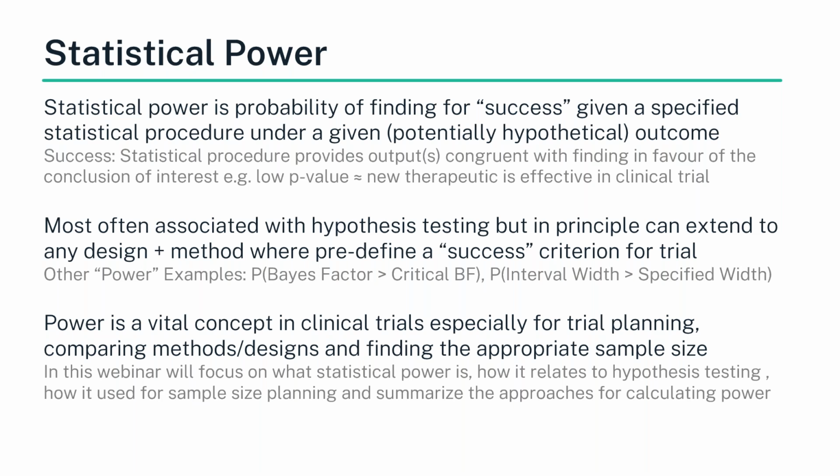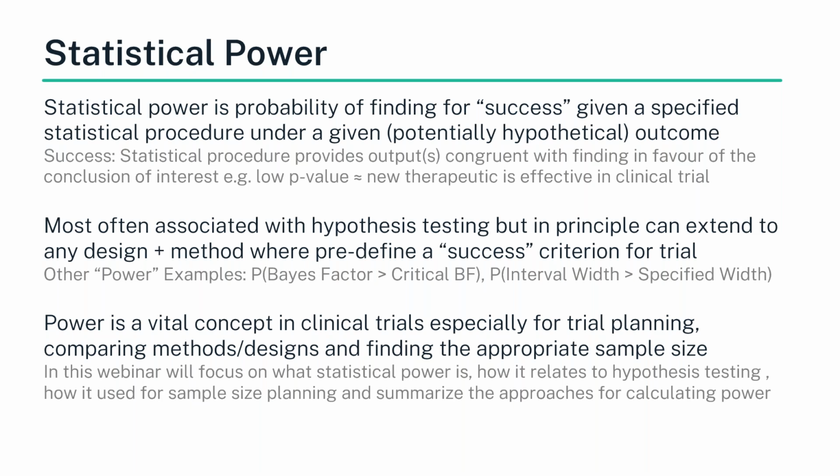But you can add some additional calculations, what we call a tolerance probability, or it's given other names in different sources. In effect, you can specify the probability that your width will be lower than your specified width. So if you want to say the width is 1, but I want an 80% chance that the width will actually be less than 1, then that 80% is effectively equivalent to statistical power.